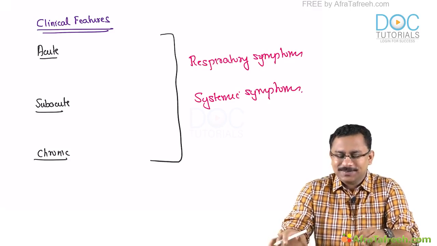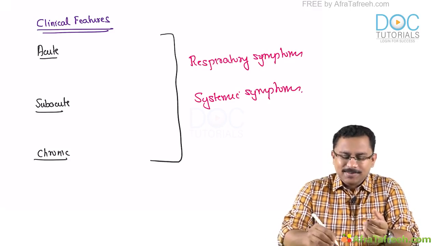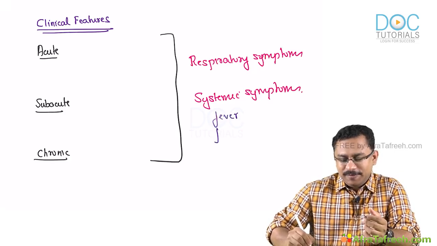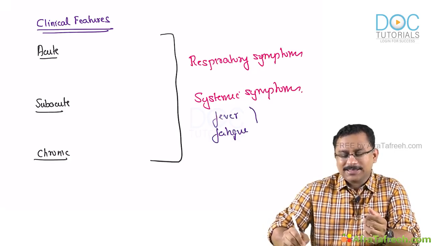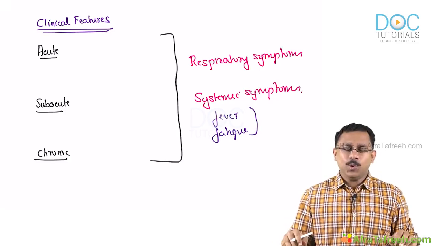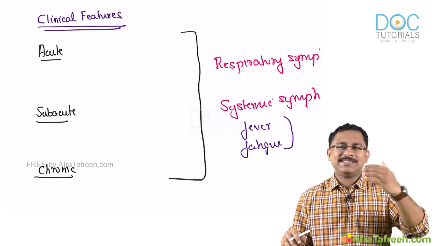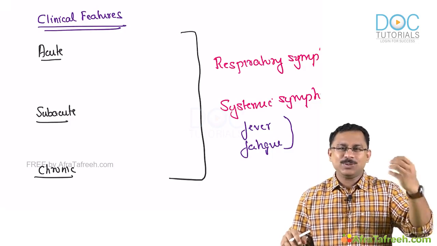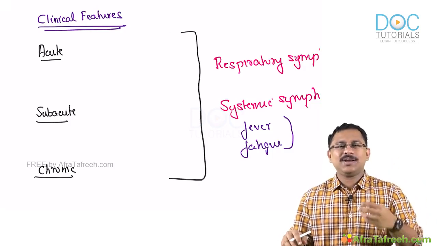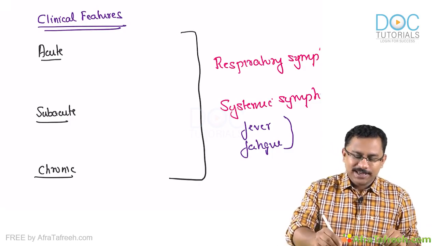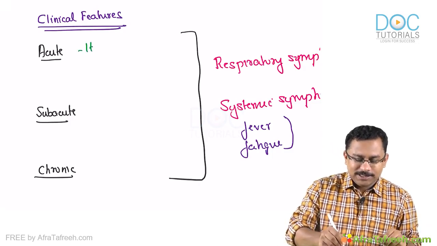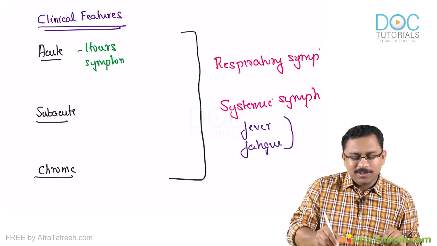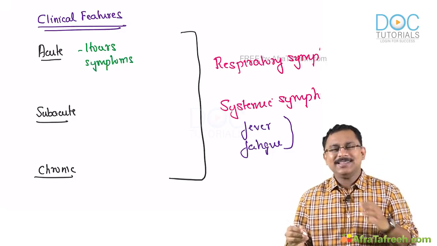And systemic symptoms means patient may have, say, fever, fatigue. So acute hypersensitivity pneumonitis, just think of someone who is already sensitized to the antigen on a re-exposure, mounting an immune response in a matter of hours, developing symptoms, both the respiratory symptoms and systemic symptoms.